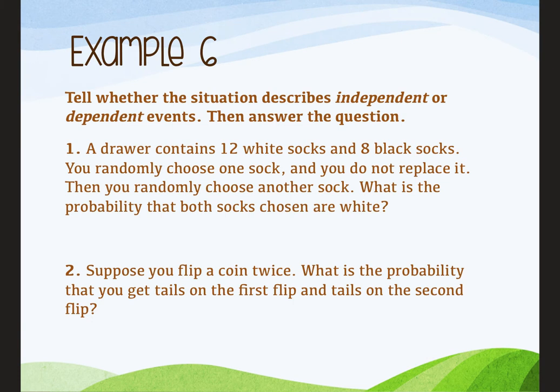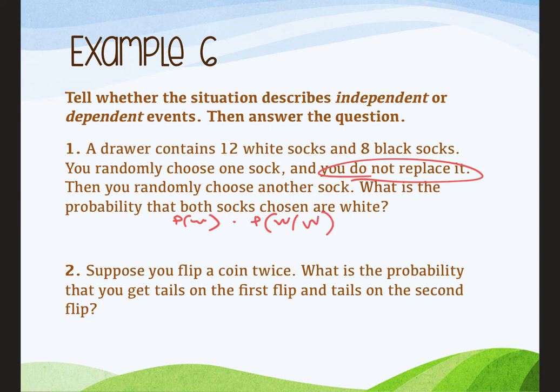A drawer contains 12 white socks, 8 black socks. You randomly choose one sock. You do not replace it. Then you randomly choose another sock. What's the probability both socks chosen are white? Dependent or independent? Dependent because you do not replace it. So what's the probability that you pick white the first time times the probability you pick white the second time, given you already got a white sock?